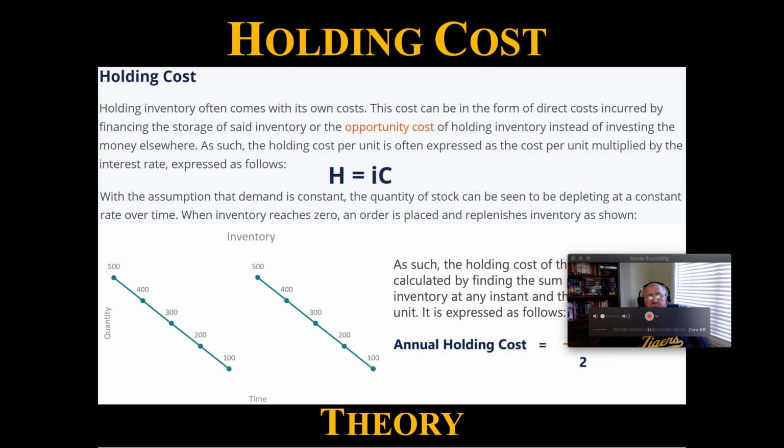Just in case. Just in case what? Just in case you need it. Sometimes we call that wishful thinking. Okay, so there are holding costs. The holding cost per unit is usually expressed by H, and it's just the interest rate times the cost per unit.